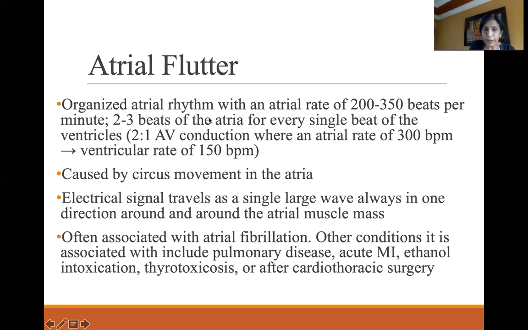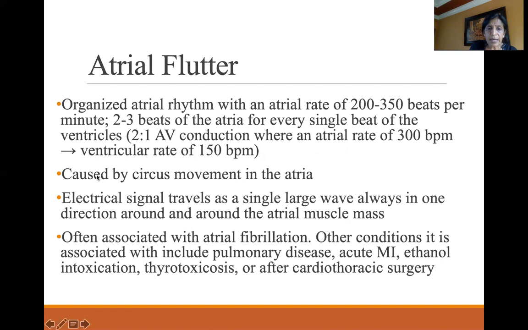Organized atrial rhythm with an atrial rate of 200 to 350 beats per minute, 2 to 3 beats of the atria for every single beat of the ventricles. So that is the ratio. 2:1 AV conduction, where an atrial rate of 300 beats per minute gives a ventricular rate of 150 beats per minute.